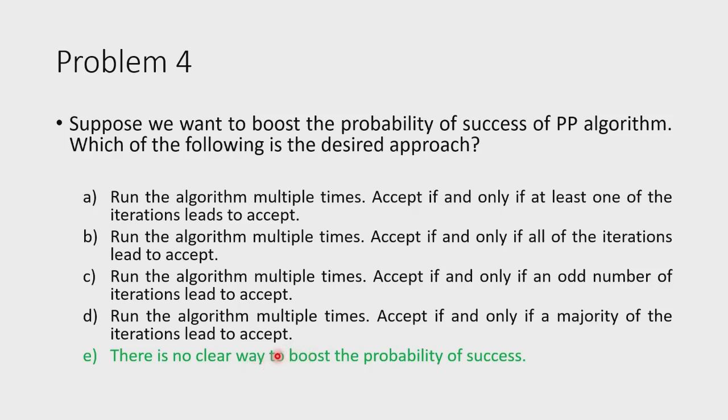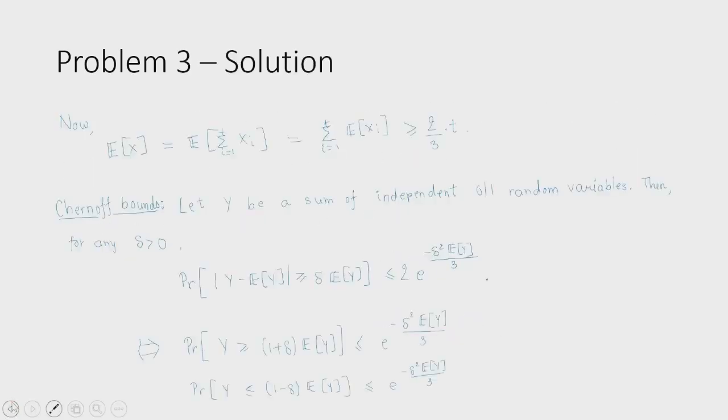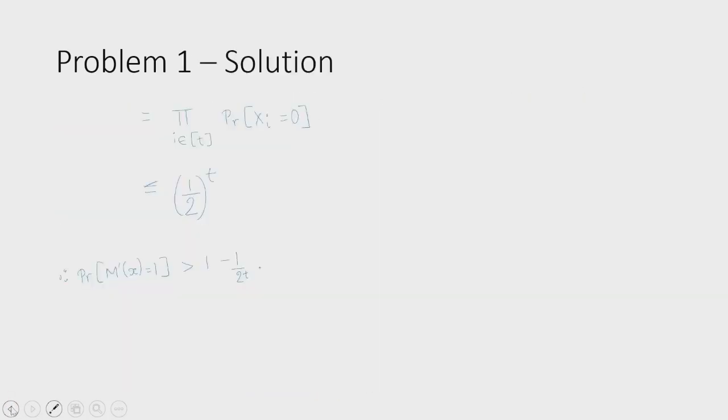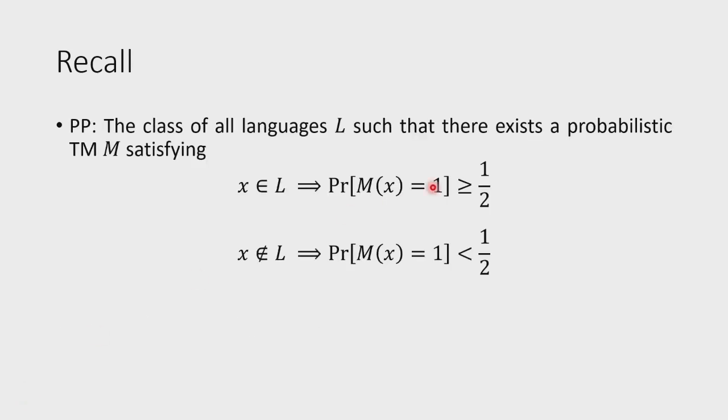We were able to boost the success probability of RP, of co-RP, and of BPP. Why can't we do it for PP? What goes wrong? What's the intuitive reason why you can't do it for PP? If you don't know, the intuitive reason is, if you go back to the definition of PP, there is no gap over here, right?